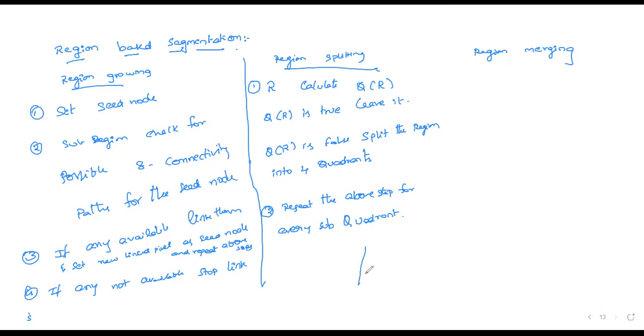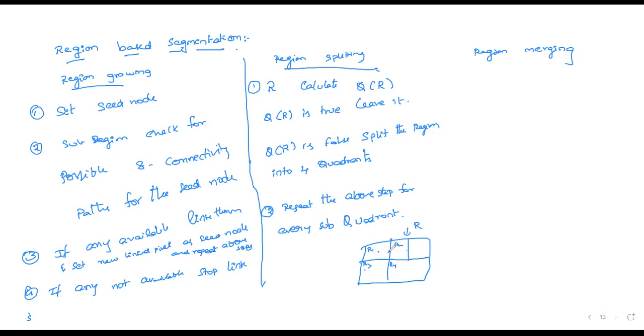Suppose now this is R. I get false. If you get false, we divide it into 4 quadrants. Okay, 4 quadrants. R1, R2, R3, R4. Now for sub-regions also you have to check. If I get true, leave it. For R2 I get false.